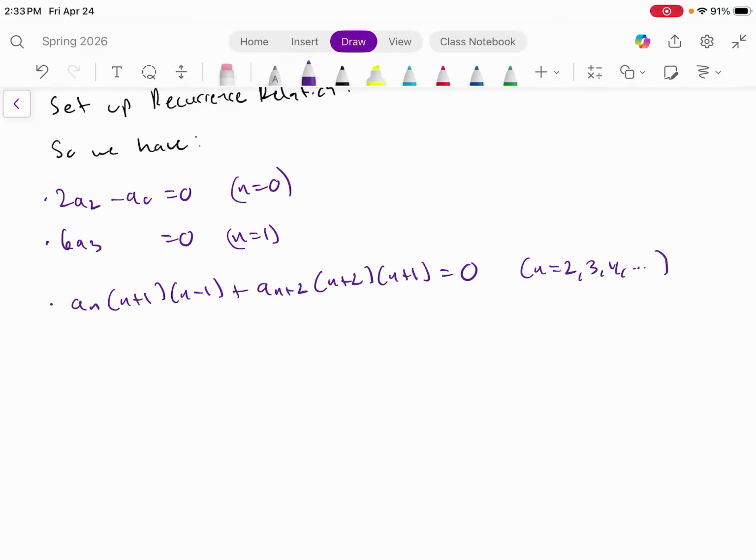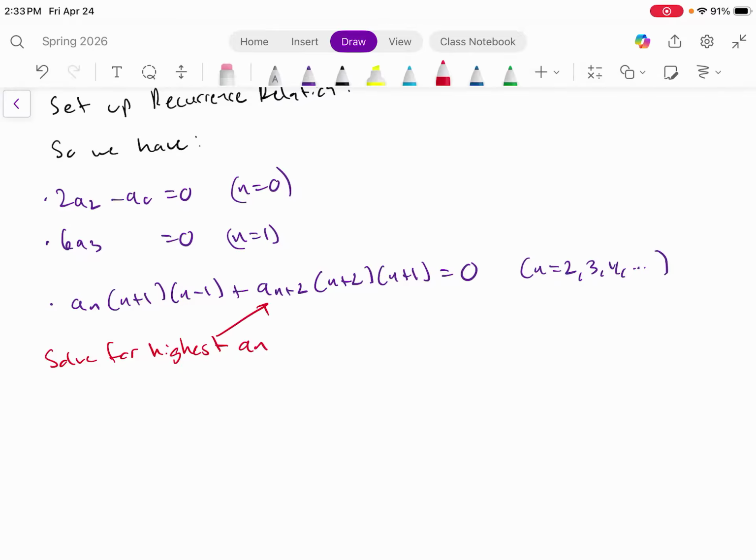Okay, so we want to set up our recurrence relation. So what we do is solve for the highest a sub n. And in that case, it's going to be a sub n plus 2.